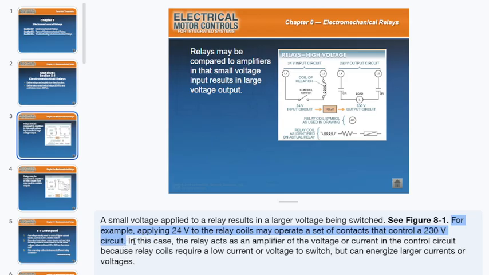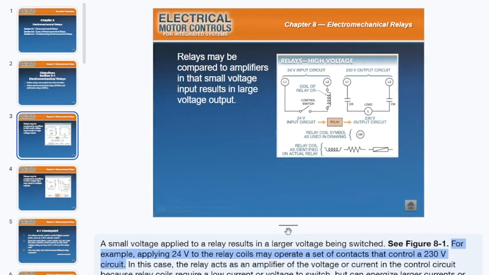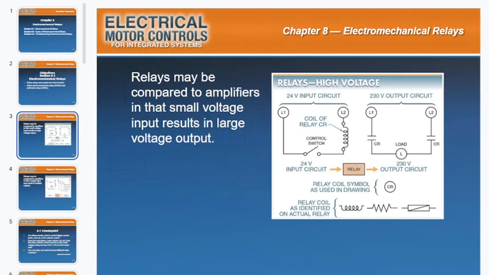There we go. For example, in the diagram that we have above, where we have an input circuit that sends power to the coil, right? There's a symbol of a coil. It's a little bit different. One of the things I would like to point out now that we're looking at it, where it says coil of relay, it has that symbol like the little squiggly, like it looks like a spring.